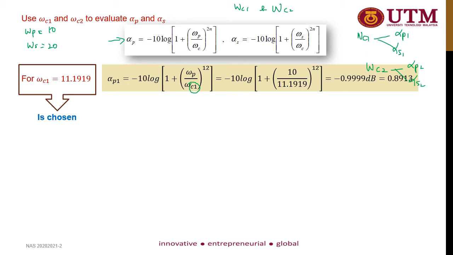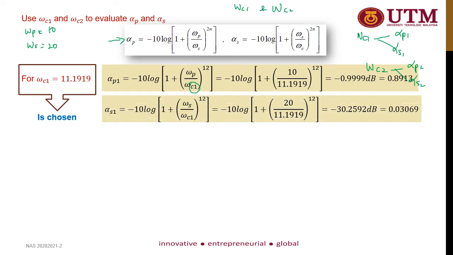Okay, next, calculate alpha S1 using omega C1. So alpha S, omega S equal to 20, omega C1 11.1919. Okay, so calculate alpha S1. So you get the values in dB and convert it into linear. Why do you need to convert it into linear? To ease comparison with the filter requirement.